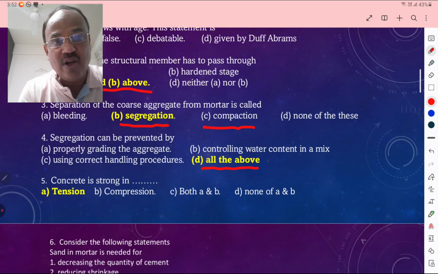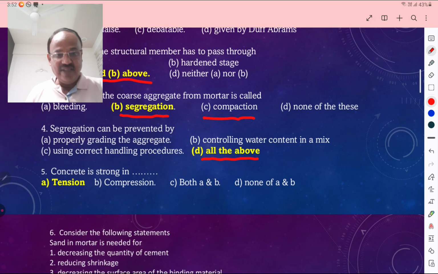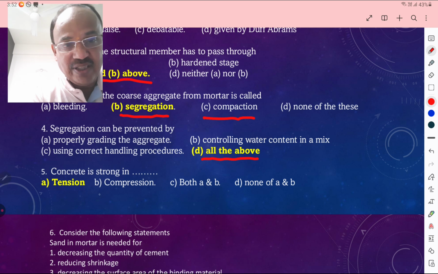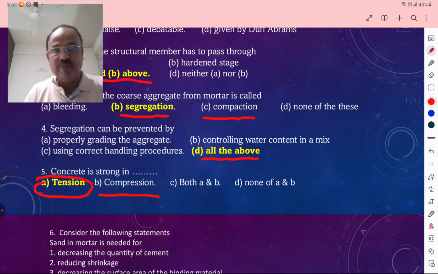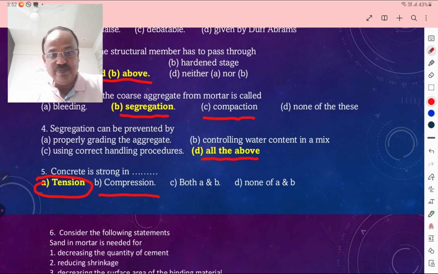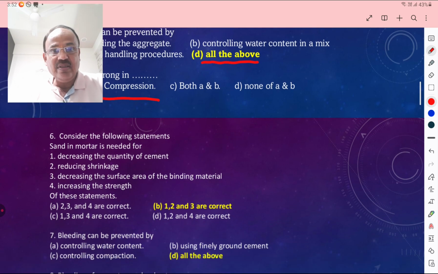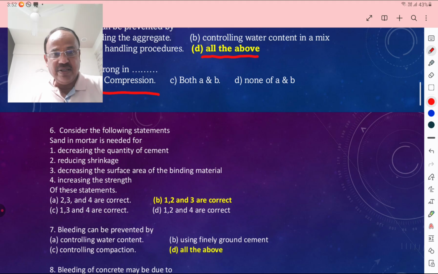Then concrete is strong in tension, or compression, or both A and B, or none of the above. Concrete is strong in compression. Concrete is strong in compression and it is weak in tension. Consider the following statements.